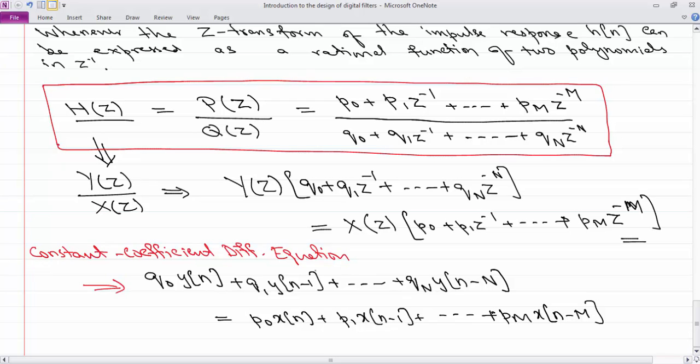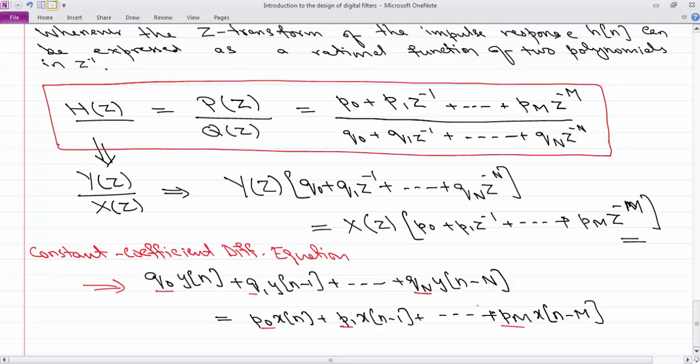Constant coefficient because all the coefficients of these difference equations are constant. And implementation of this in hardware is really simple, because all you have to do is have two circular buffers which keep track of up to n past outputs and up to m past inputs. And then you just do this simple equation.